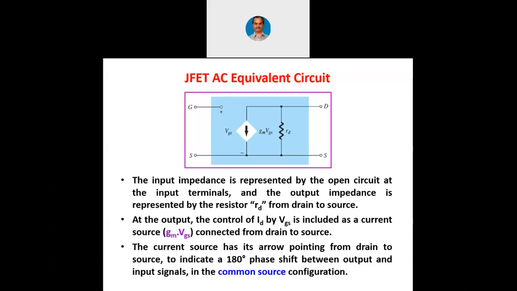Just like the common collector configuration, which we also called the emitter follower, where the voltage gain is unity, in the same way, in the case of JFET, the common drain configuration is called the source follower, and here also the gain is going to be unity. So we are not going to deal with that particular circuit. Okay. Now let us see the fixed bias configuration in the case of JFET.